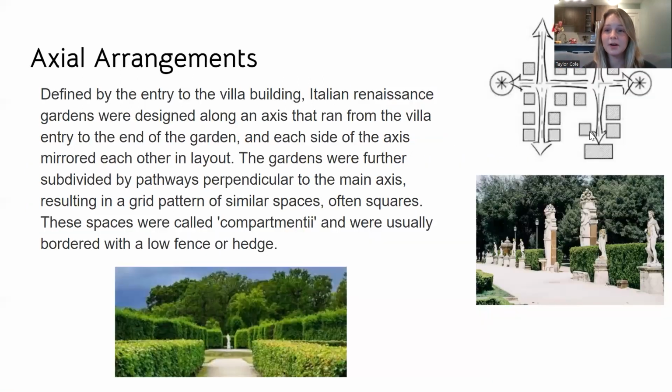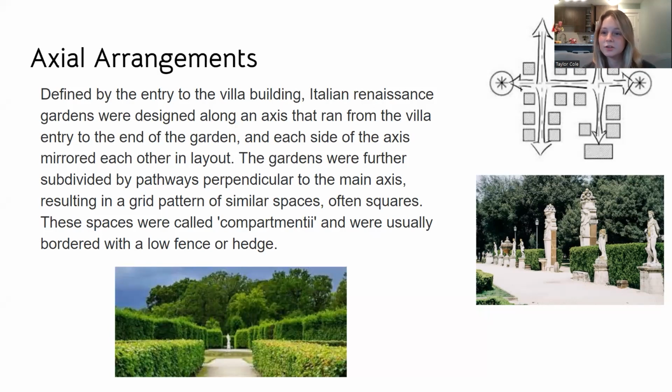And a main part for these gardens is the way they would do that. Another way of designing their gardens was using axial arrangements. Basically that just means that it was on an axis compared to something that might be round or not mirrored on both sides or symmetrical.